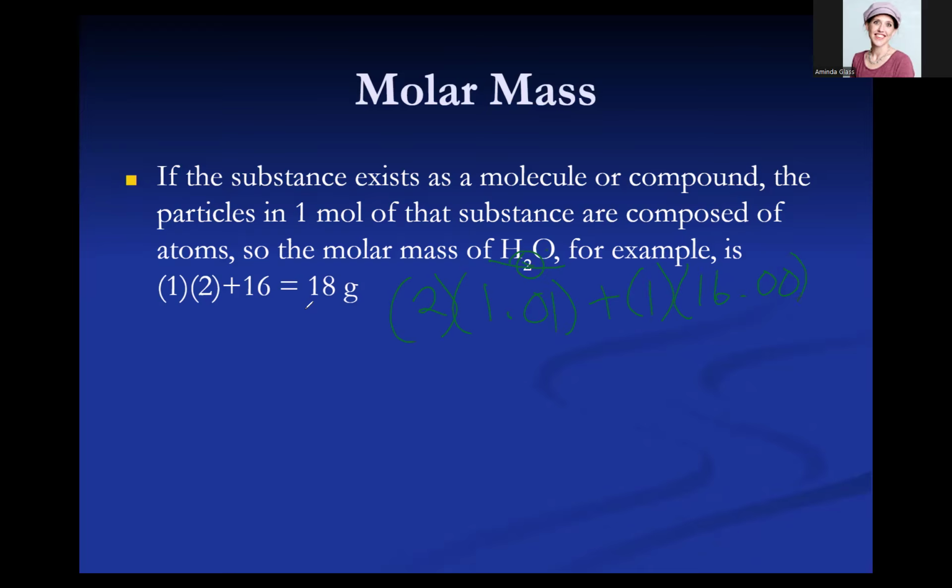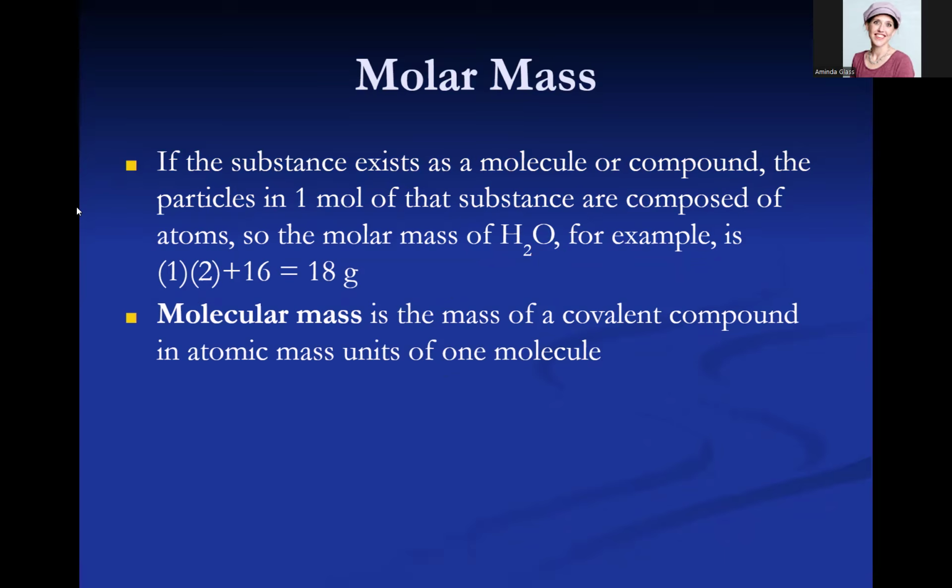Some decimals go out to 3, 4, 5 places. It's okay if you just take it to 2 places. So then I'd add that up and I get 18.01 grams per mole is my molar mass for water, H2O. I'm adding up all the individual molar masses to get the total.